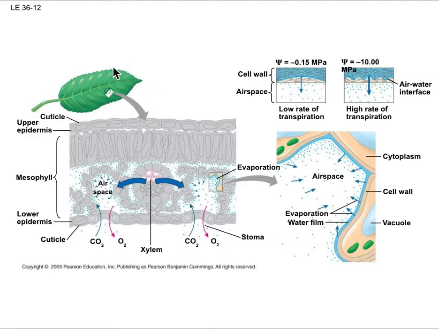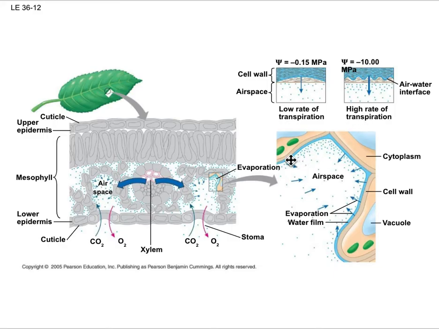So here we have a leaf, and we're looking at a cross section of a leaf, and notice that there are these little holes here. These holes are called stomata, and stomata are where carbon dioxide comes in, oxygen goes out, and water is also going to leave the plant through the stomata.